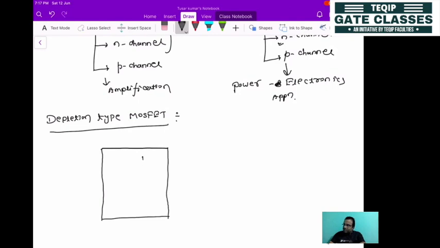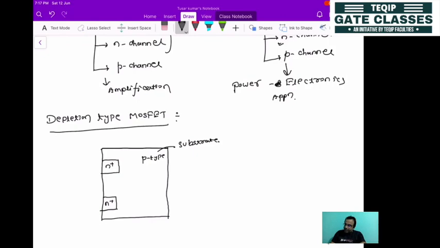This is one P-type material, known as the substrate. Then we are putting one highly doped N plus material. Another highly doped N plus material will also be connected.